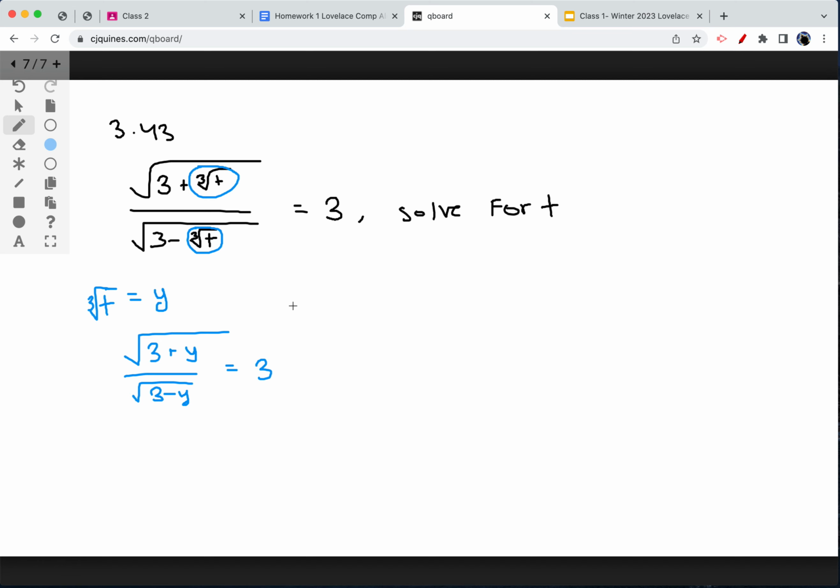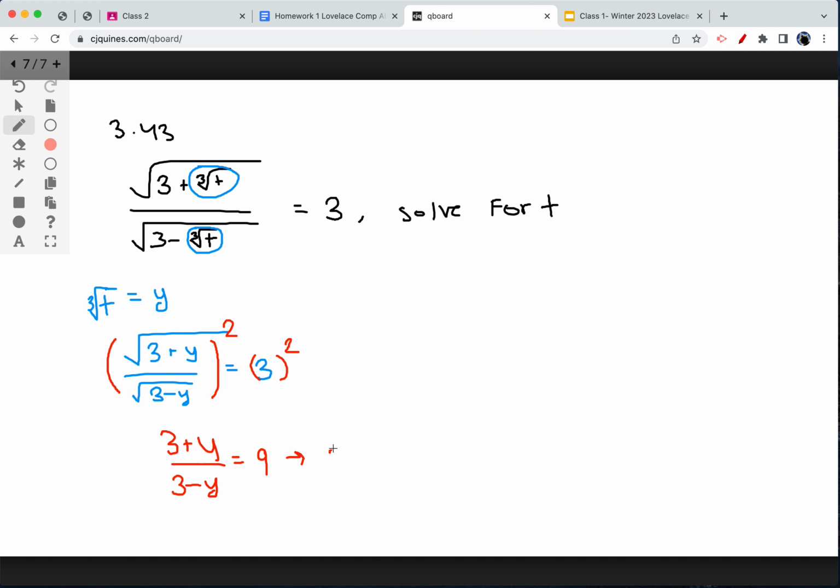So now what we'll do is we'll square both sides. Since this is a square root, you can square and you'll get the original value. You get 3 plus y over 3 minus y is equal to 9.